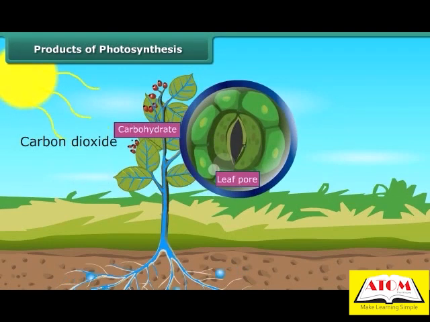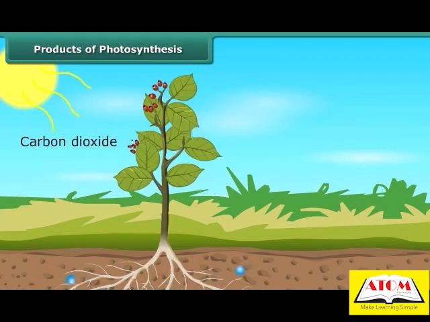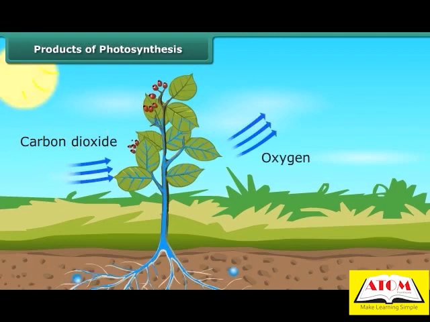The carbohydrate is ultimately converted into starch, which gets stored in the different parts of the plant. Therefore, the first food product formed during photosynthesis is starch. Starch is also an example of carbohydrate. In this process, oxygen is also released.